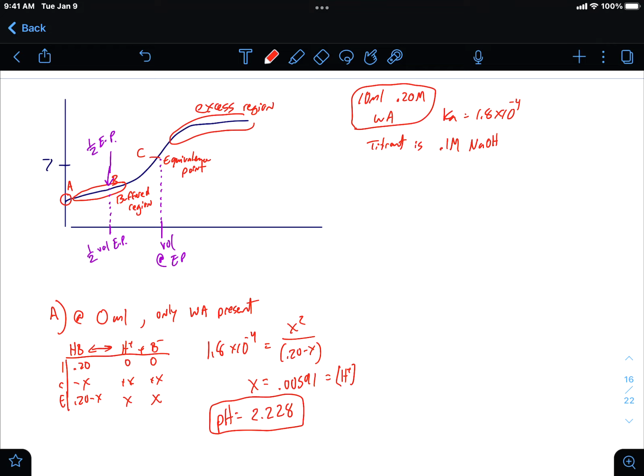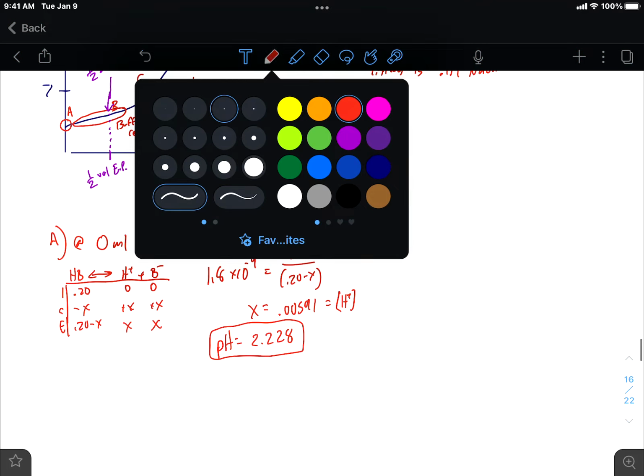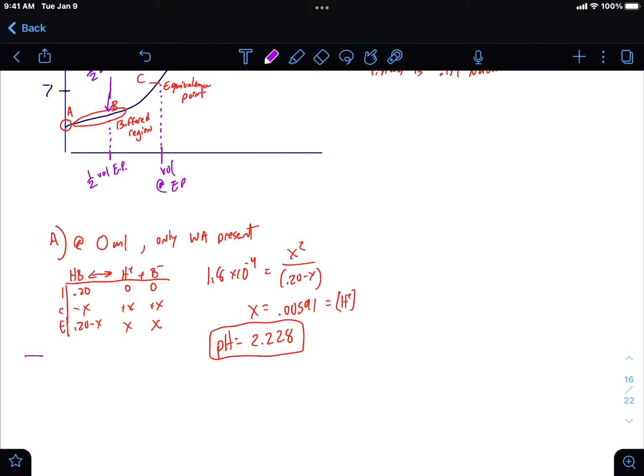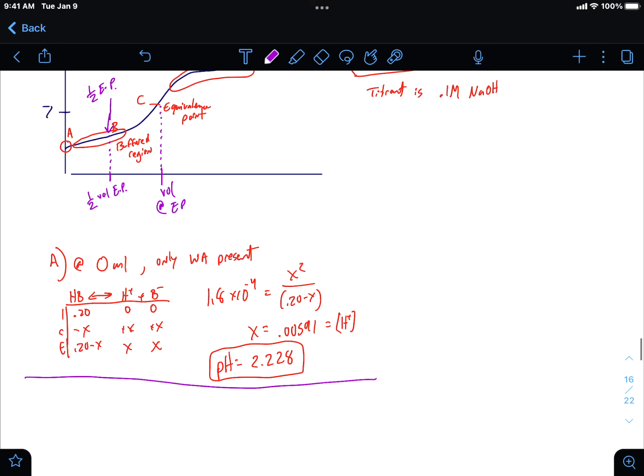All right? Now, let's say that we have added some amounts. Let's say I've added, this is going to be a point, someplace in point B, at 5 milliliters of titrant added.